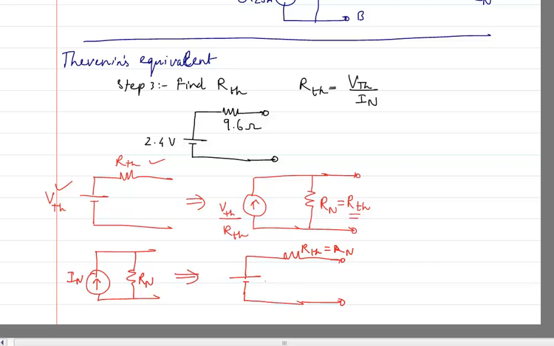So Vth will be equal to In into Rn. Or in short, what you have to remember is Rth is equal to Rn and Vth is the same as In into Rth or Rn, whatever.